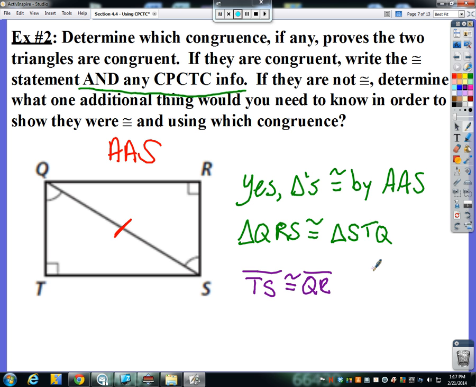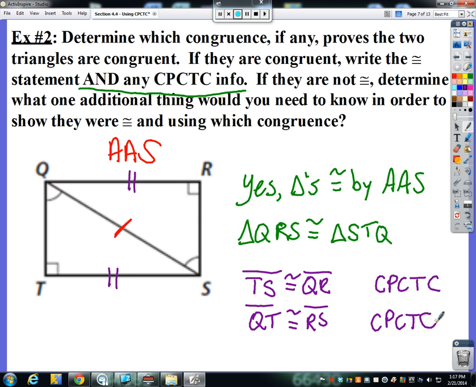And if we were doing a proof, which we will very soon, we would say that this is true by CPCTC. So we know that's true now, after we've used angle angle side. We can now say the third set of sides, QT and RS, must be congruent. And it's CPCTC information.